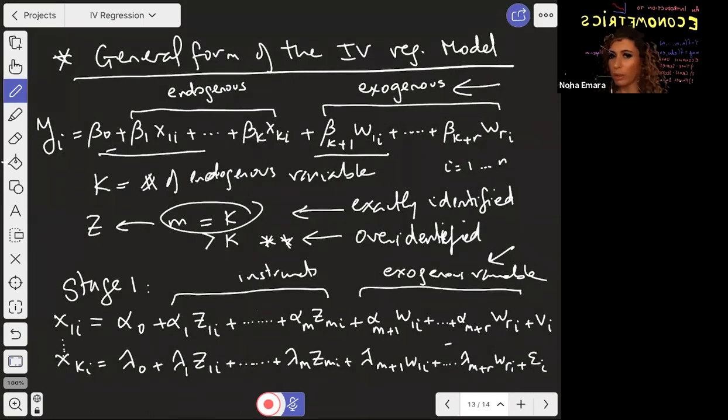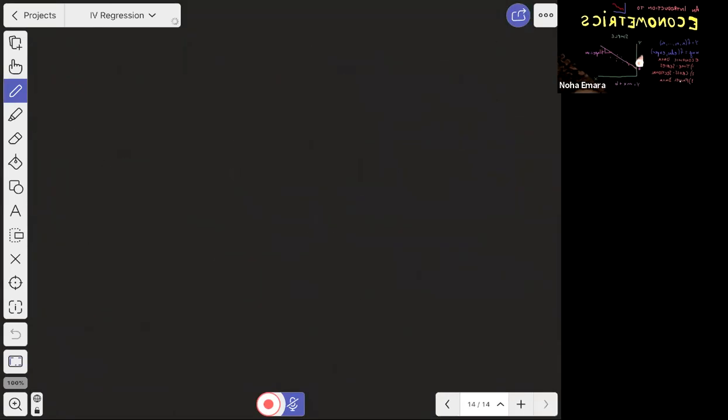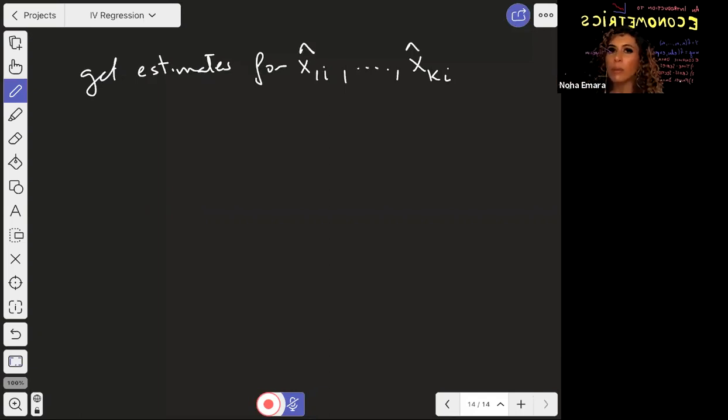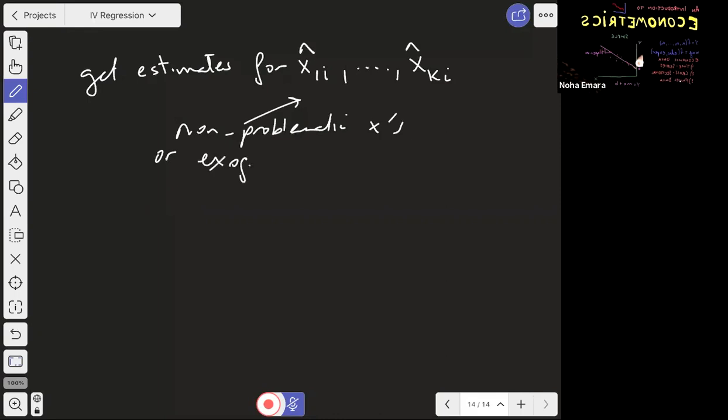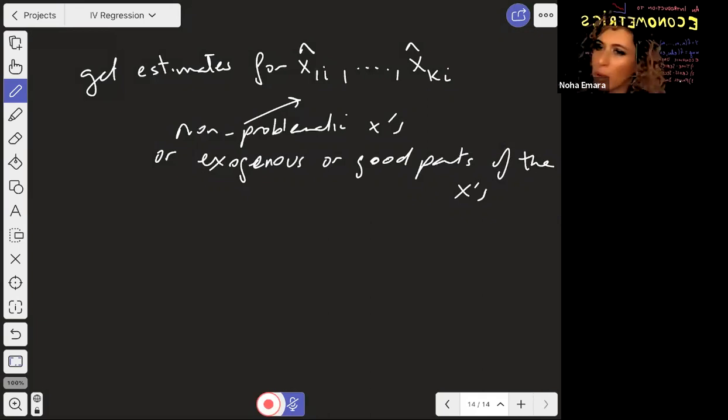So out of this stage, we're going to get estimates for, and that's what we want, x1i hat, x2i hat, x3i hat, up to xki hat. And these are the non-problematic x's, or the exogenous or good parts of the x's, or the parts of the x's that are not correlated with the error term. So these are all equivalent.